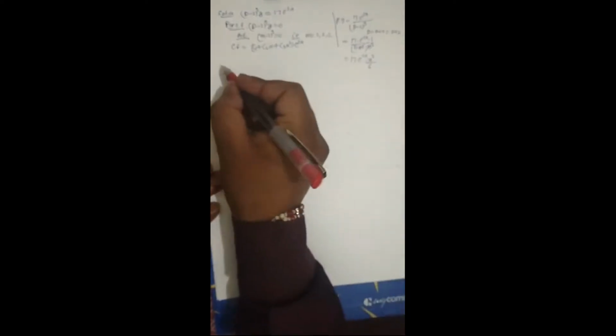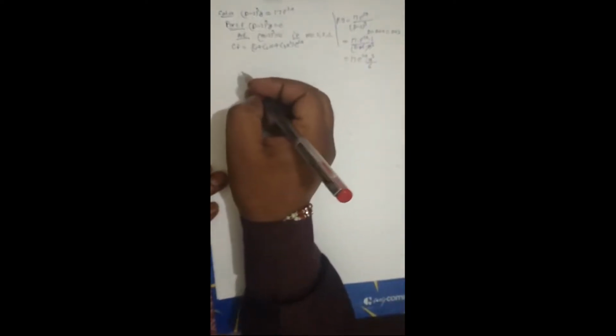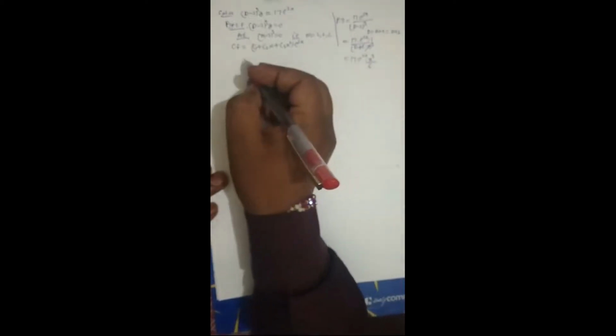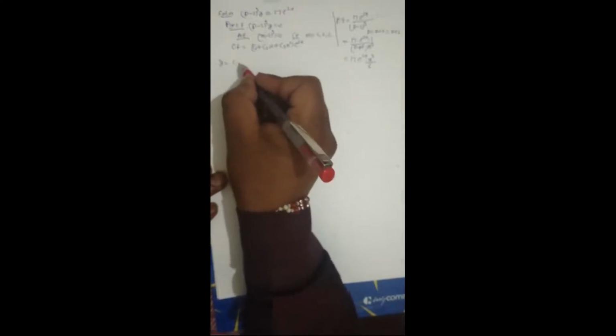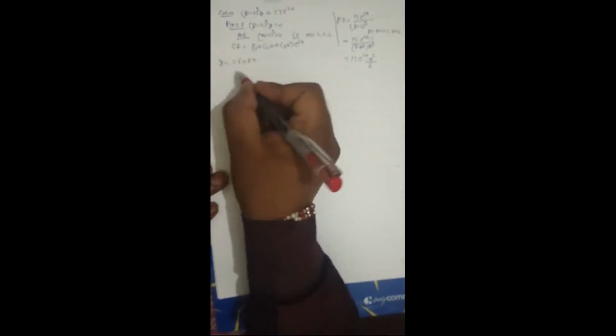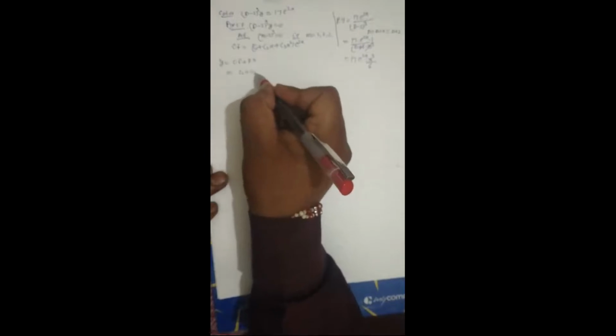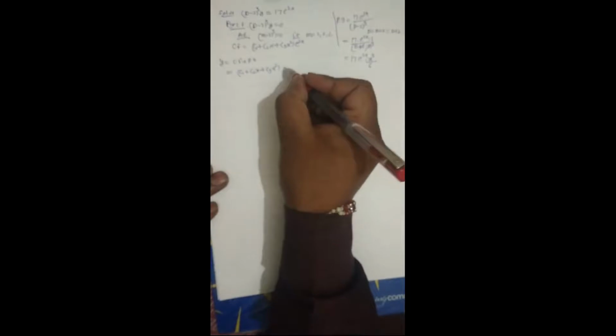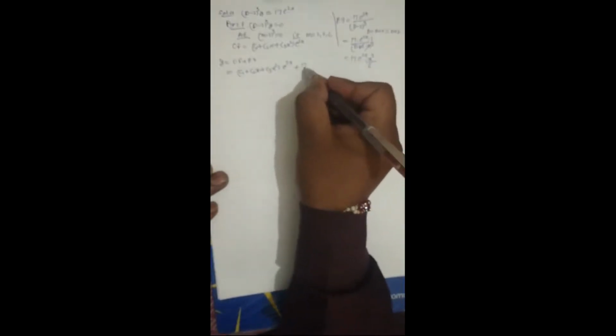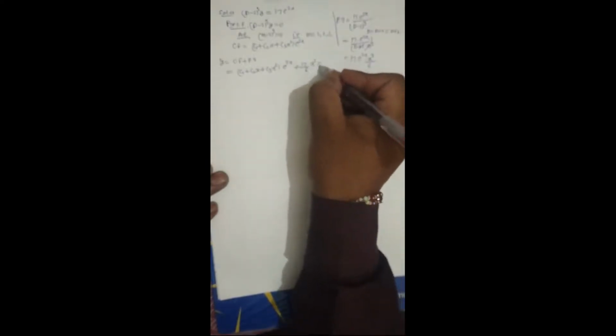Now the complete solution of the linear equation with constant coefficients can be written as y equal to CF plus PI, that is (C1 plus C2 x plus C3 x square) e to the power 2x plus 17 upon 6 x cube e to the power 2x is the complete solution.